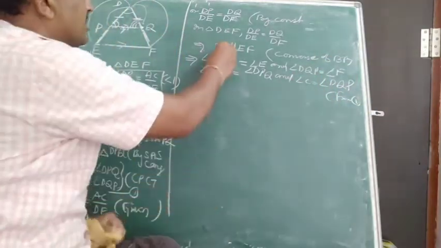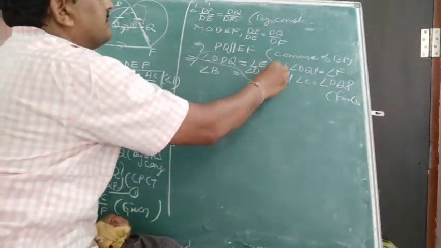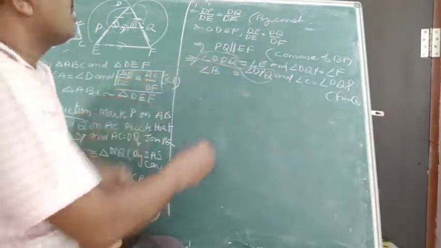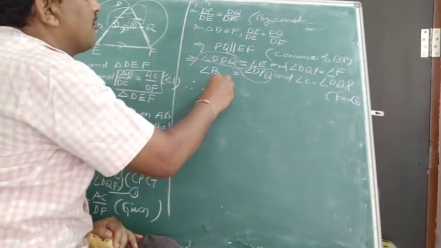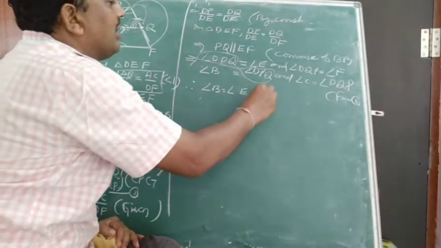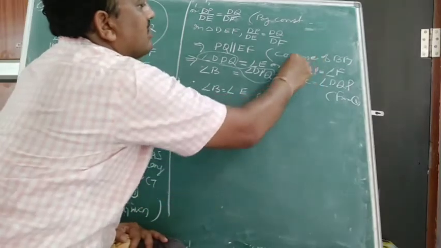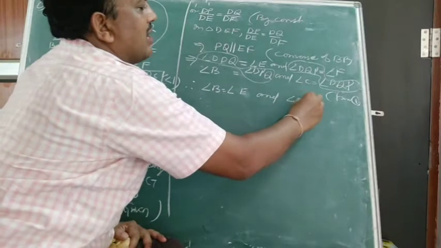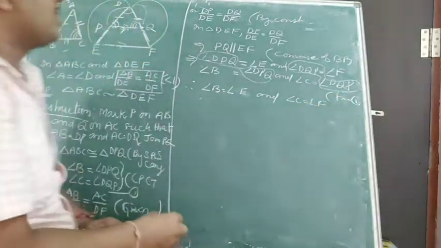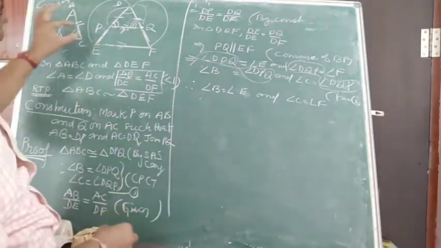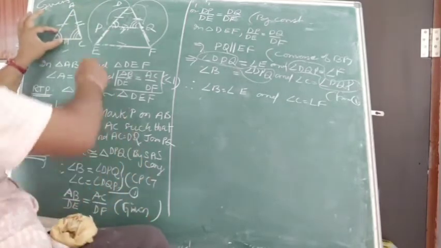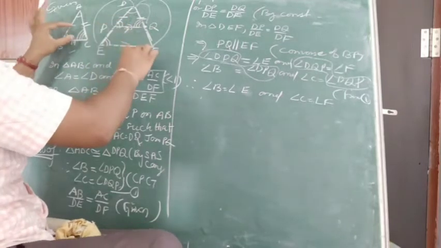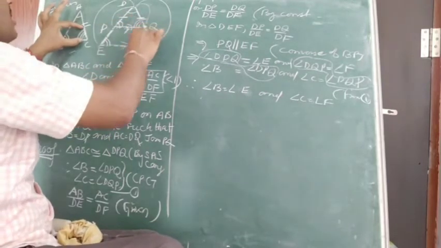See, children, this is common here. If one side of these are equal, these are also equal. Therefore, angle B is equal to angle E. And here again, equality, so you can write angle C is equal to angle F.